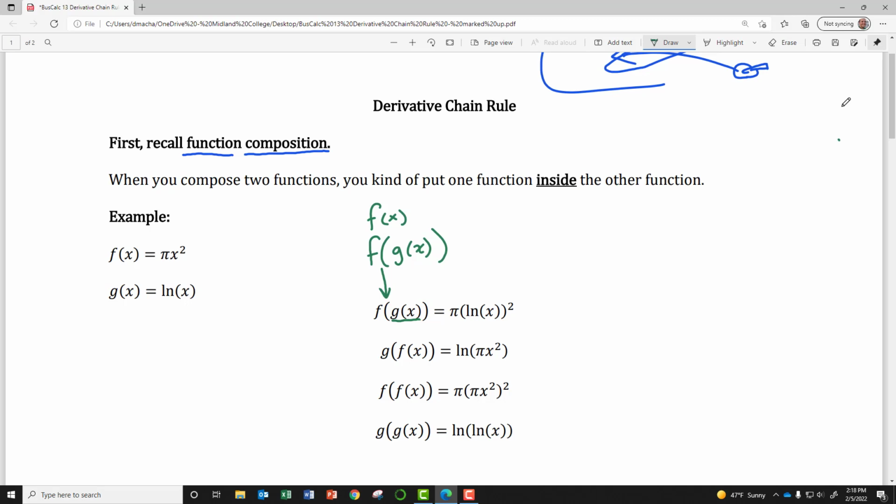If I do that, and I use these definitions for f of x and for g of x, then putting the g of x where the x goes would give me the function f of g of x to be pi times, well, it's not x anymore, it's g of x.